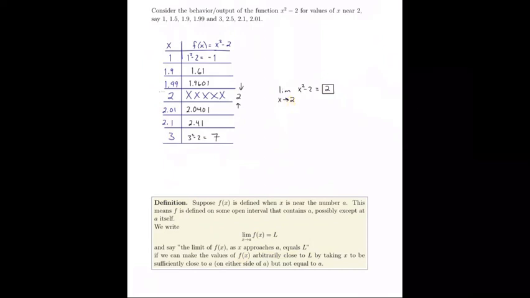So in other words, this is our L, we can make this function f of x as close to this number 2 as we like, this limit L equals 2, by taking values of x that are sufficiently close to a, the value that x is approaching, without ever actually plugging in for this value a, or in this case 2.